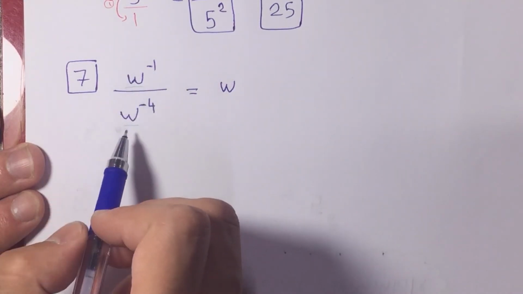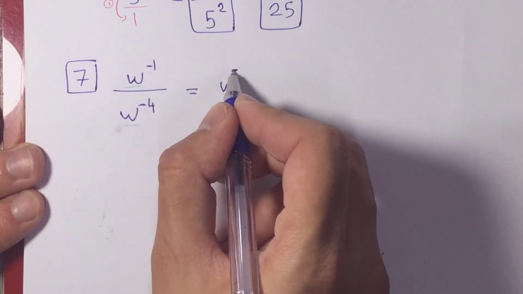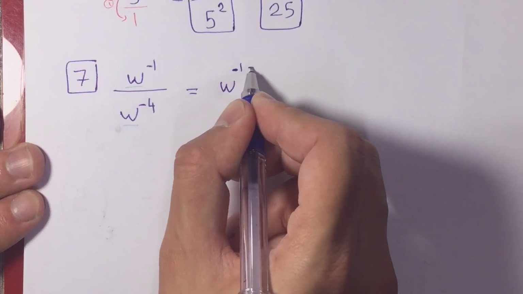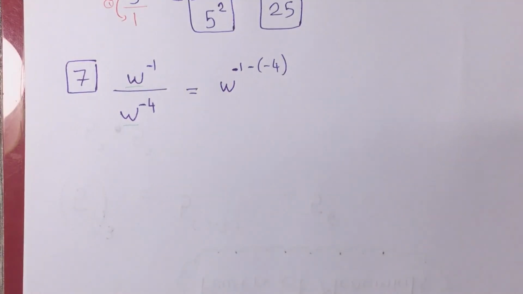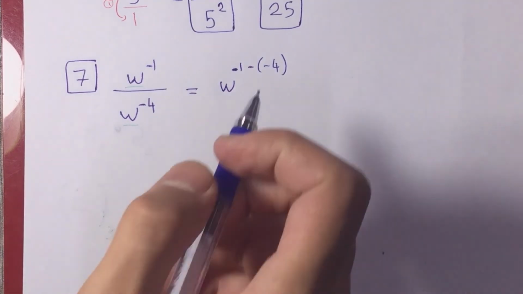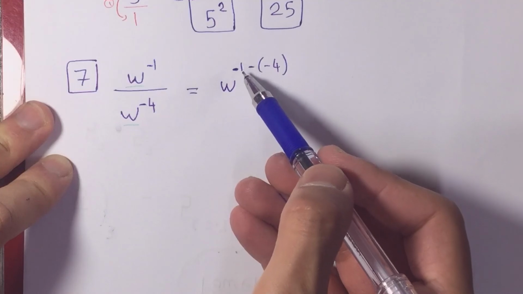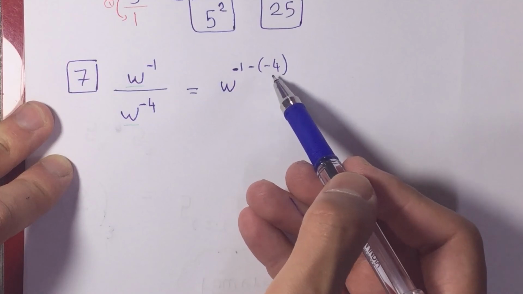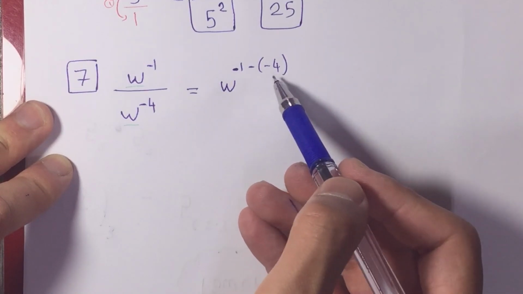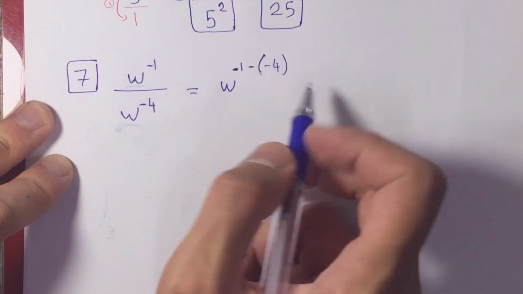When dividing monomials, we subtract the second exponent from the first one, so we can write negative 1 minus negative 4. Pay attention to this one, guys. If you have a negative exponent in the numerator and you need to calculate the division of two exponents, we write the first exponent, which is negative, and subtract the second one from it. Even if the second one is negative, we subtract it, substituting like this, negative, negative.